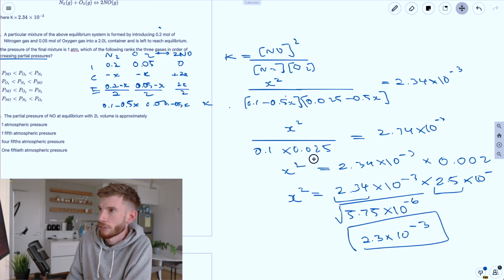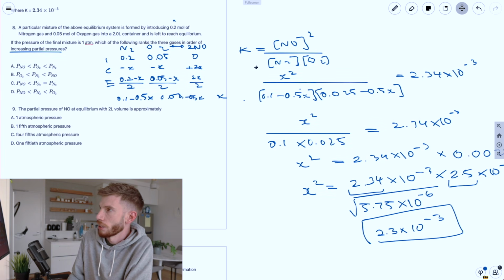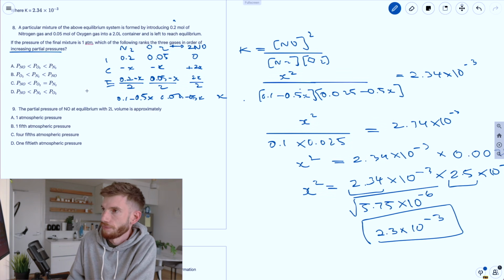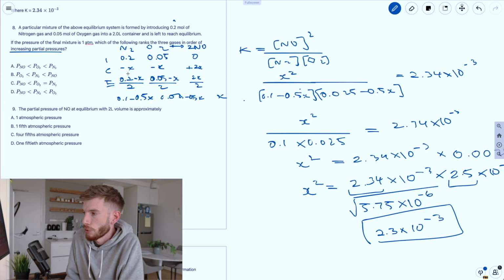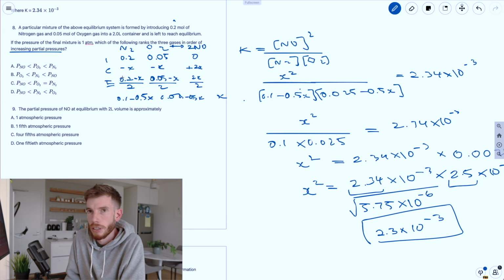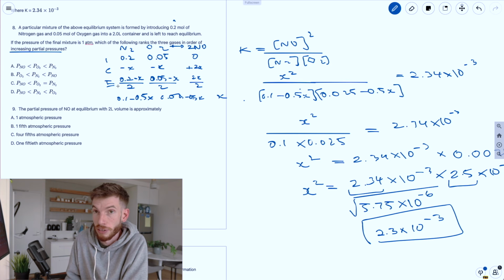And so then what that allows me to do is rank them. Even though we said x was approximately 0, so really the final number of moles of nitrogen is pretty much still going to be 0.2, oxygen's still going to be pretty much 0.05, it is important to note what NO is.